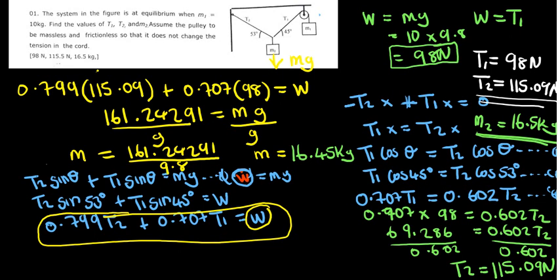So we can say we are on the right path. This is how we solve static equilibrium questions involving pulleys. If they ask you to find the tension, you just need to sum up the tension in the y and in the x, equate them, and solve them simultaneously, as simple and straightforward as that.